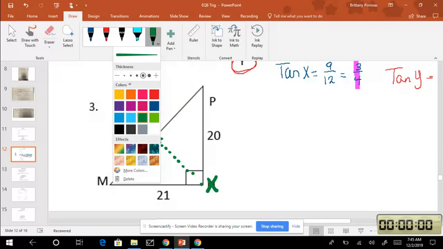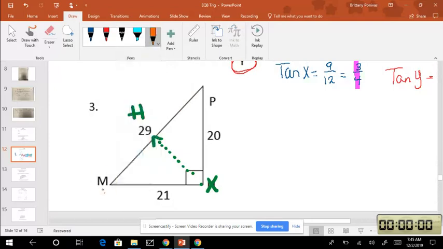And the first angle that we are going to deal with is angle M. So we're going to find the sine of angle M, the cosine of angle M, and the tangent of angle M. So from M, I'm going to label the opposite side. It's on the other side of the triangle. Adjacent means next to it. So next to M is either 29 or 21. The 29 is already labeled H, so that means the adjacent is 21.